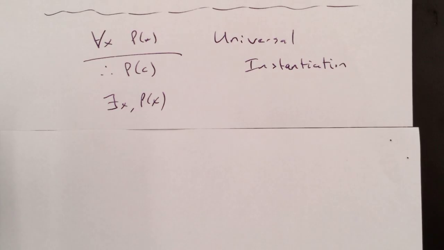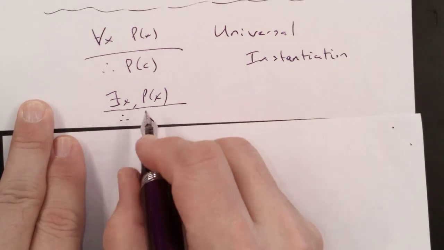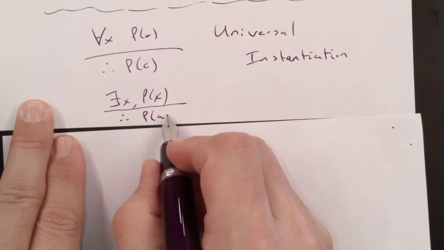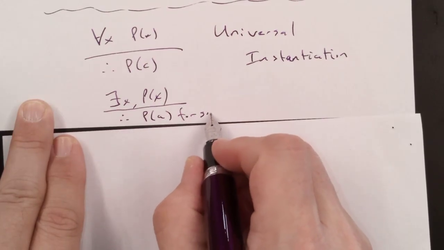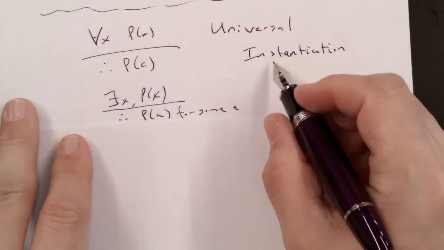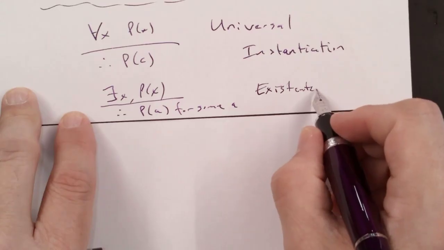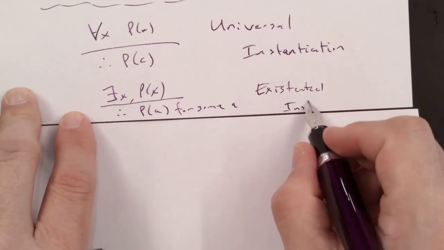So I could say the conclusion here is that I gave it a name, A. So there exists such a thing. We're going to call it A. This is an instantiation again, but it's an existential instantiation.